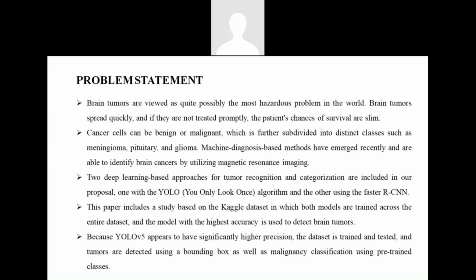We have opted for two deep learning based algorithms. These two help us in tumor recognition and categorization. What are these two algorithms? One is YOLO Wi-Fi and the other is Faster RCNN. YOLO Wi-Fi is a popular object detection model that belongs to the YOLO family of models.